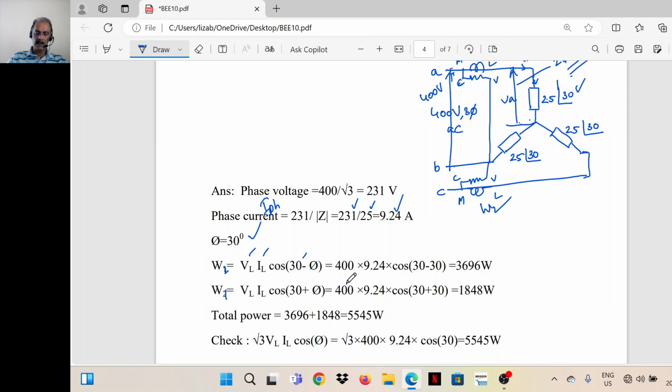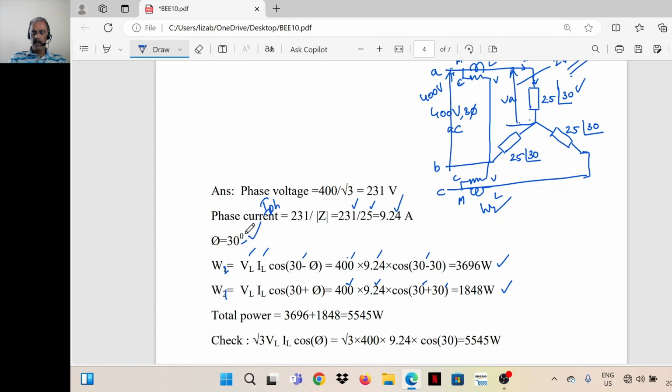So VL is 400. IL is 9.24, because it's a star connection, line current is equal to phase current. Power factor angle is 30, so 30 plus 30. For the other one, the same values of voltage and current, 400 into 9.24 into cos of 30 minus 30. So we are getting the readings as 3696 and 1848.